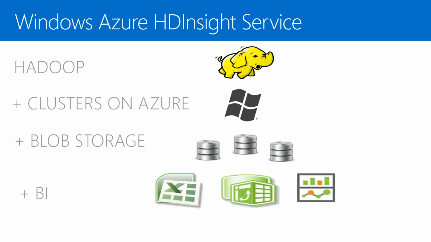This is how your Windows Azure HDInsight service looks. It is 100% Apache Hadoop, and you can spawn as many clusters as you need in no time, which I will also demonstrate. In turn we will be using blob storage, and the entire BI stack.